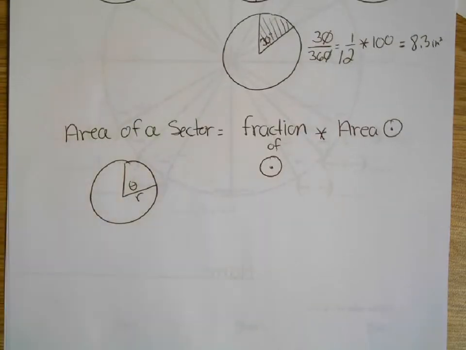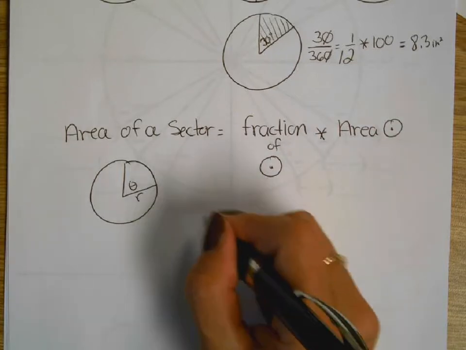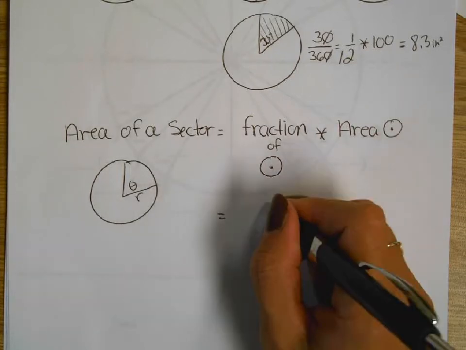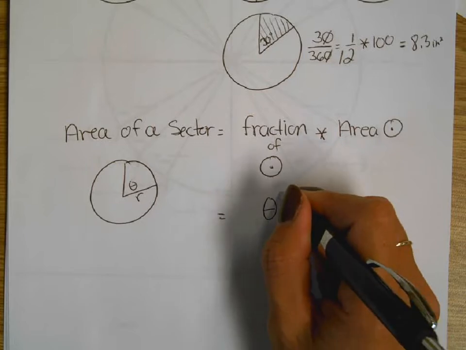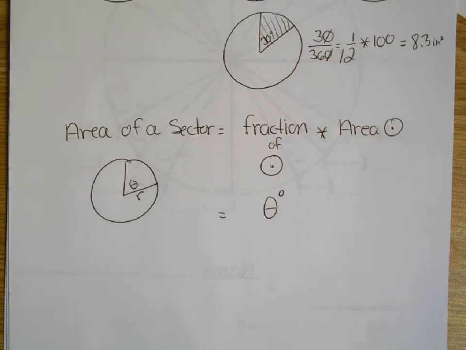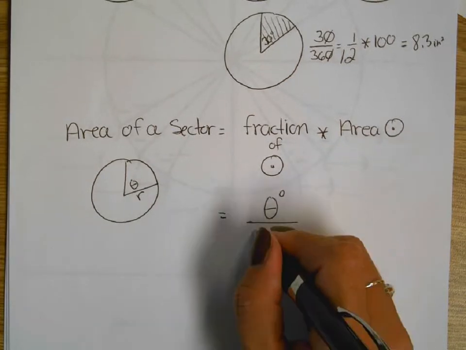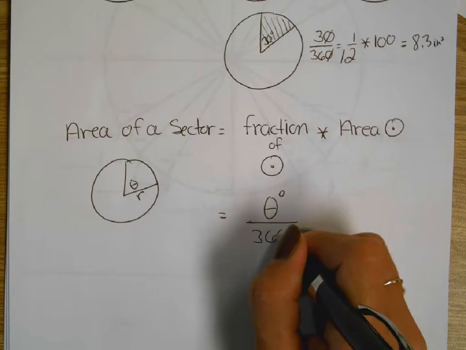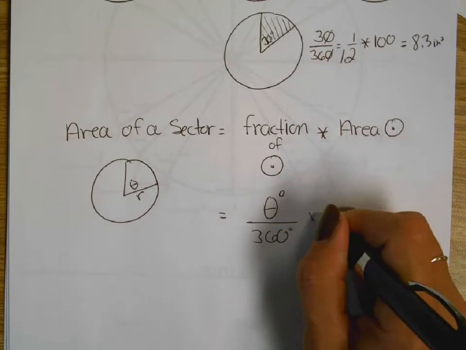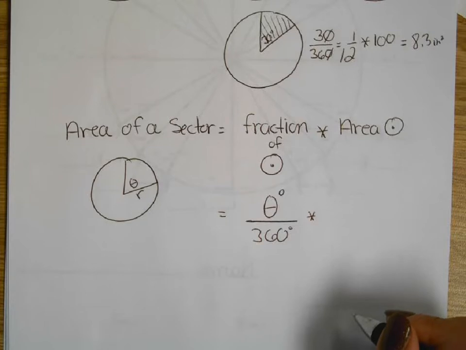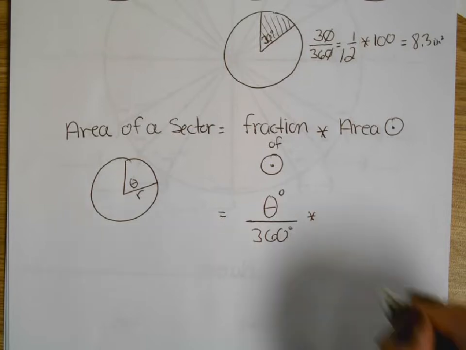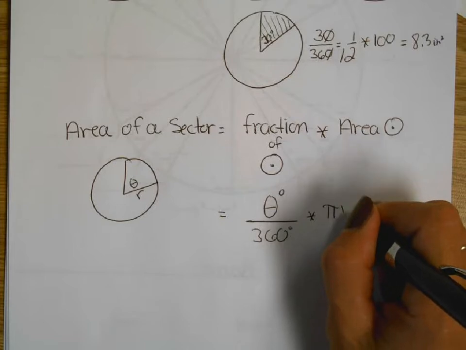So the fraction, if our angle is in degrees, you have to take it out of 360. And what's the formula for the area of a circle? Circumference is 2 pi r. What's area? Pi r squared.